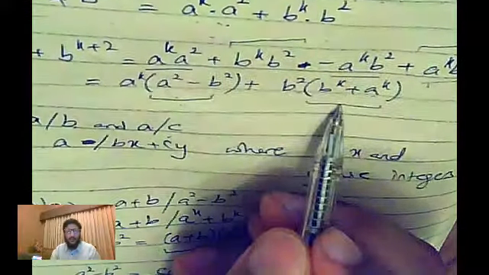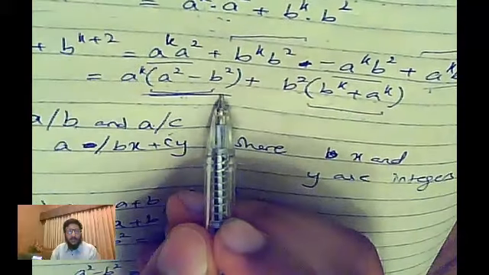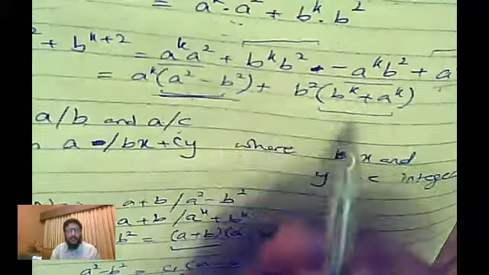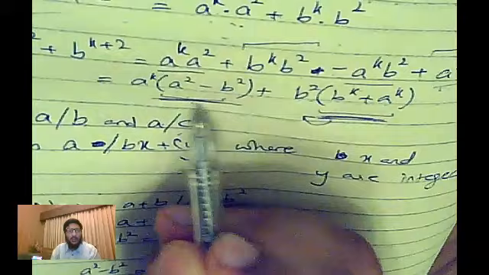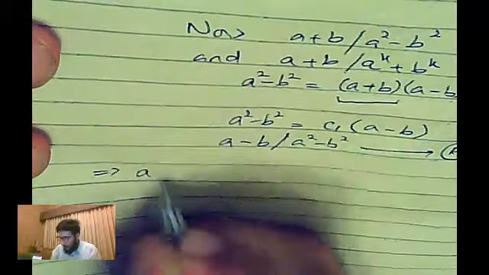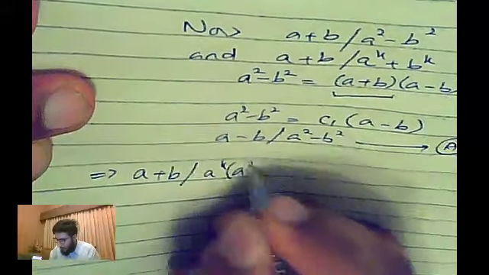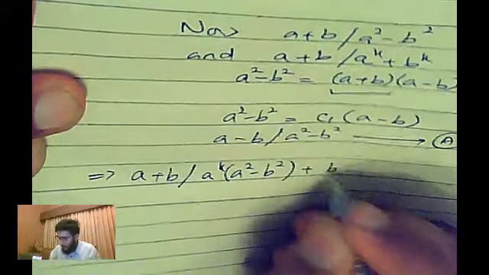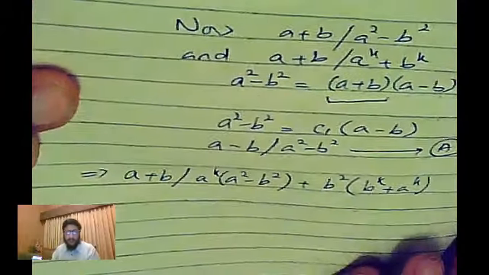Now, both of these results are true over here. This is divisible by a plus b, and this is also divisible by a plus b. And both of these numbers are multiplied by integers and added together. This implies a plus b also divides a power k times (a squared minus b squared) plus b squared times (b power k plus a power k).